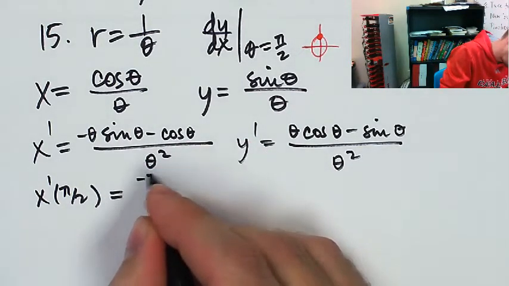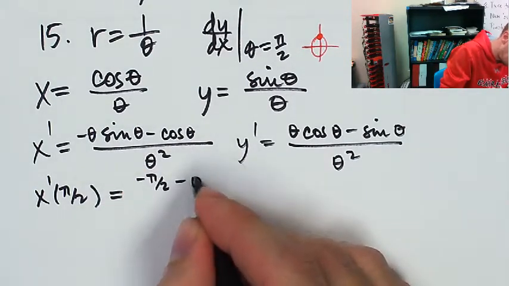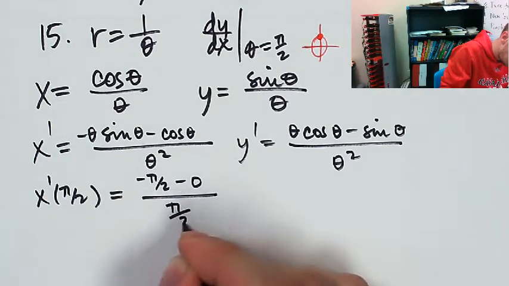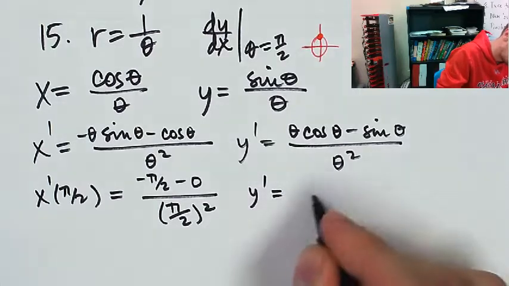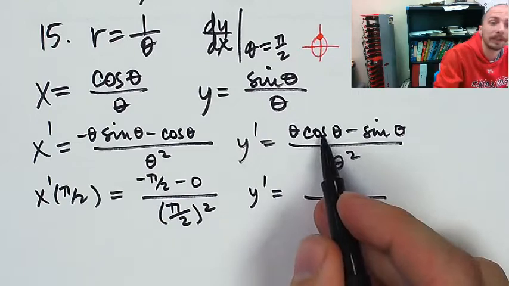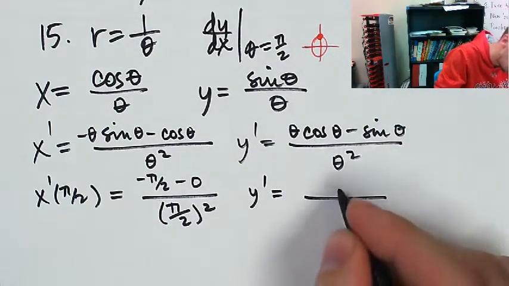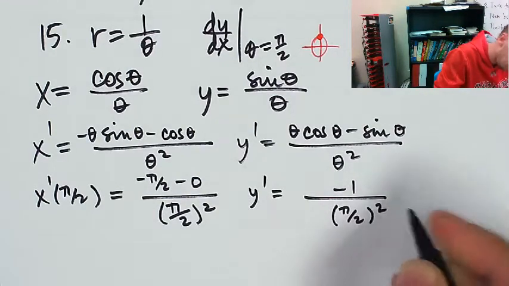But pi over 2 times 1 minus the cosine, which is 0, over pi over 2 squared. And y prime is going to be kind of similar, but cosine is 0 at pi over 2, so that will all go 0 minus 1 over pi over 2 squared.